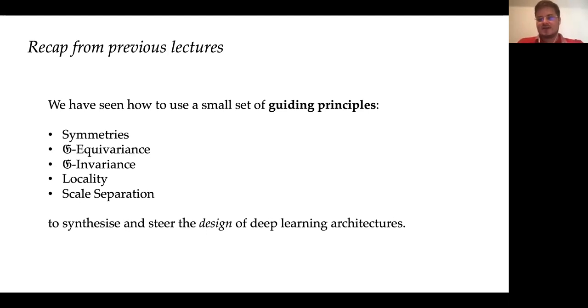And using those guiding principles, you showed how it was possible to synthesize and steer the design of deep learning architectures, which is potentially quite useful because using such a blueprint, we might be able not only to make sense of all the variety of deep learning architectures being proposed today, but also to reason about and propose any new architectures that you might come across in the future.